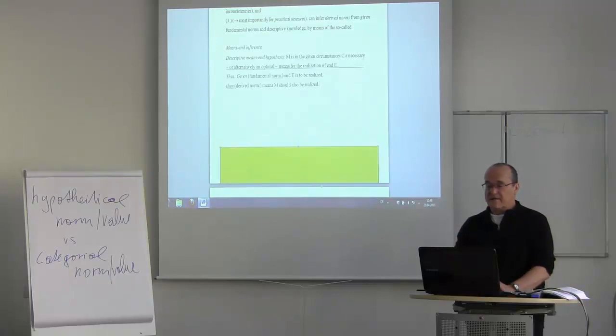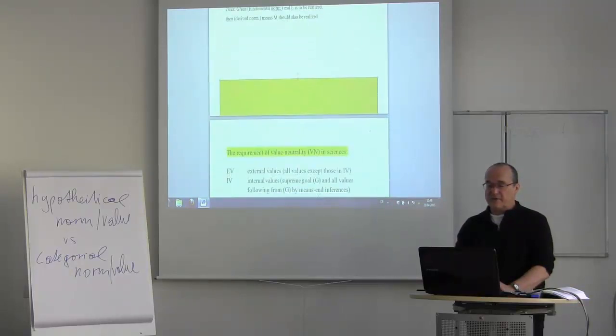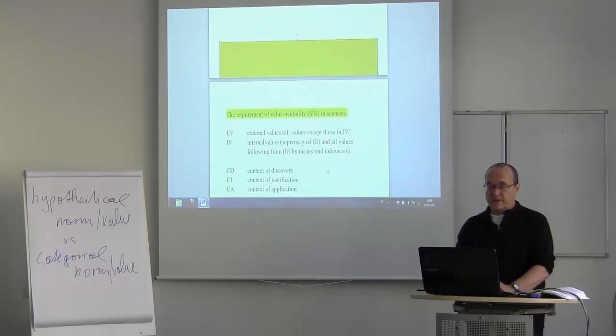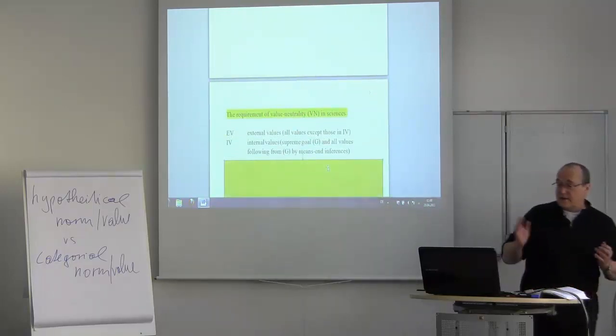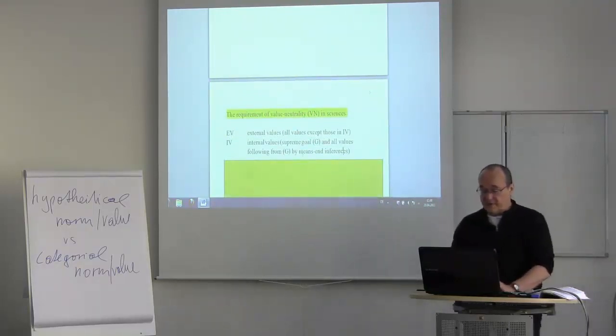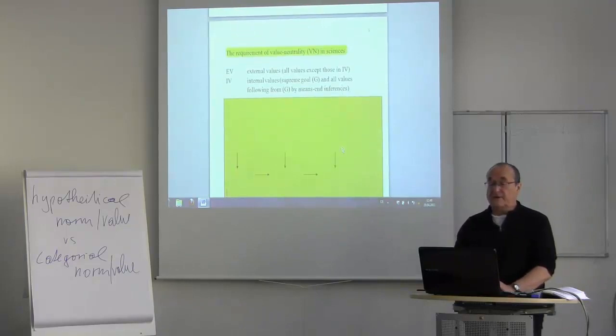Okay, so then we come now to the final version of the requirement of value neutrality in the sciences. To come to that, we have to make two further differentiations.